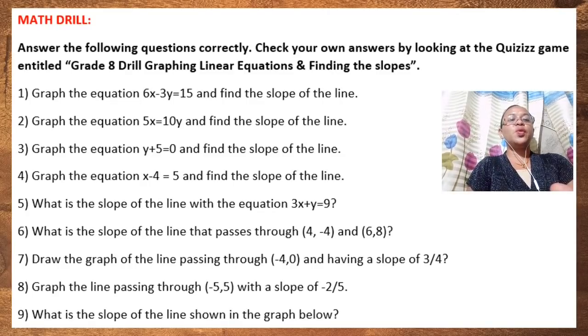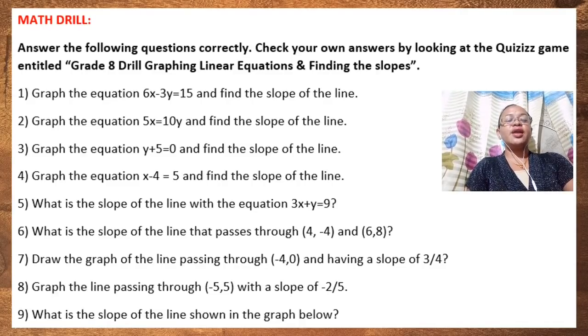Number 6, what is the slope of the line that passes through (4, -4) and (6, 8)? Number 7, draw the graph of the line passing through (-4, 0) and having a slope of 3/4. Number 8, graph the line passing through (-5, 5) with a slope of -2/5.